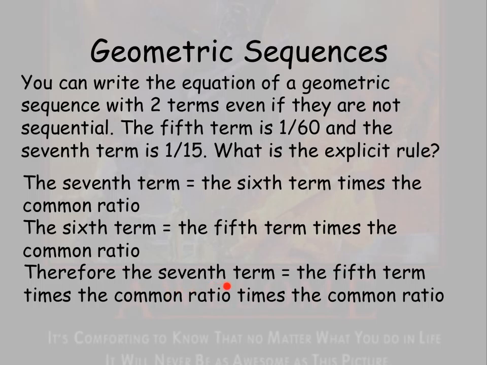So therefore, if we apply this logic and this logic, that means the seventh term is equal to the fifth term times the common ratio times the common ratio, or common ratio squared. So let's think about that.